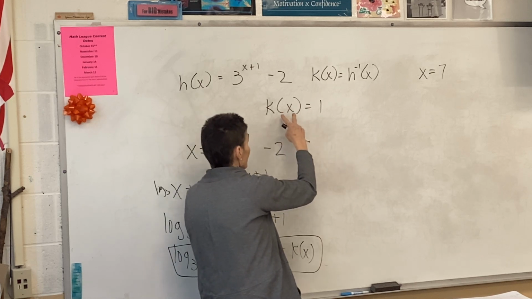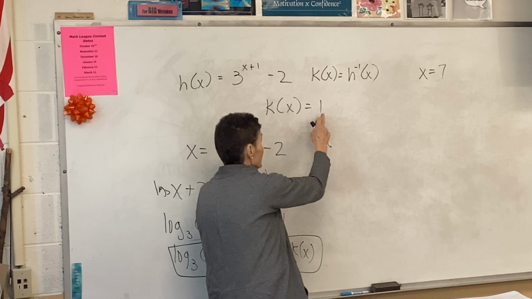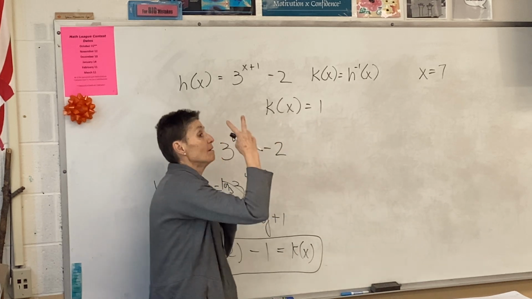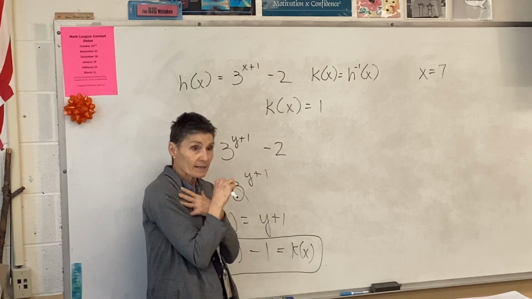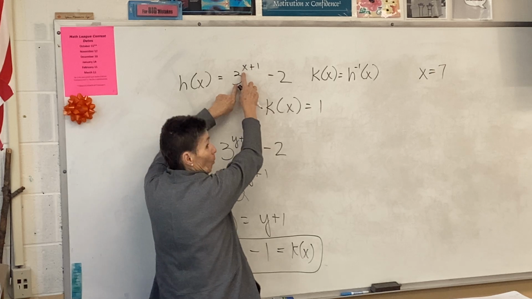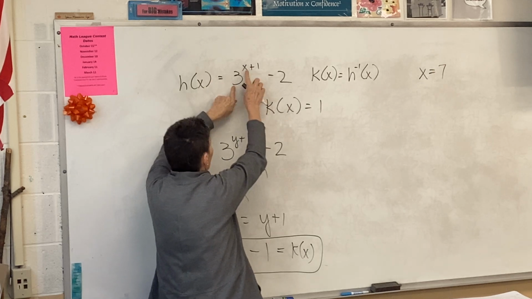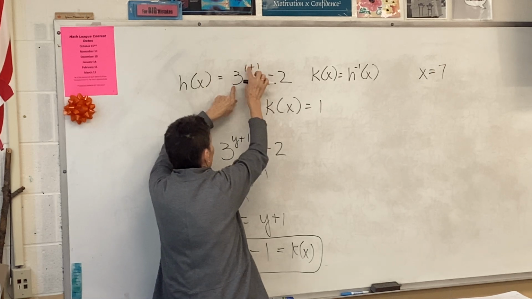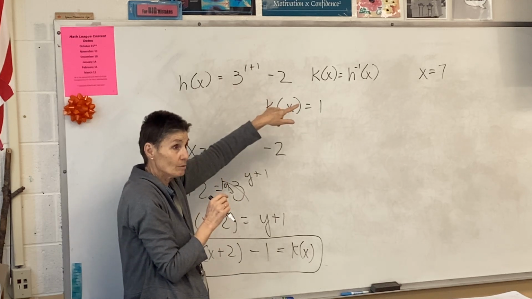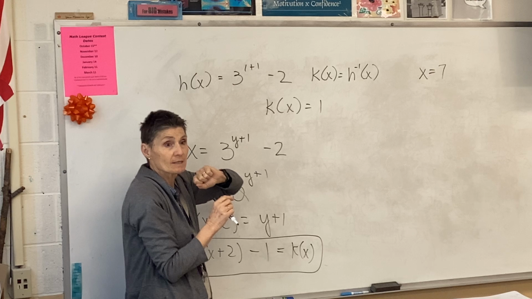So we're setting y equal to 1, which means for the original, x had to be 1. So what happens if you put 1 in there? What do you get? 3 squared minus 2, which is 7.